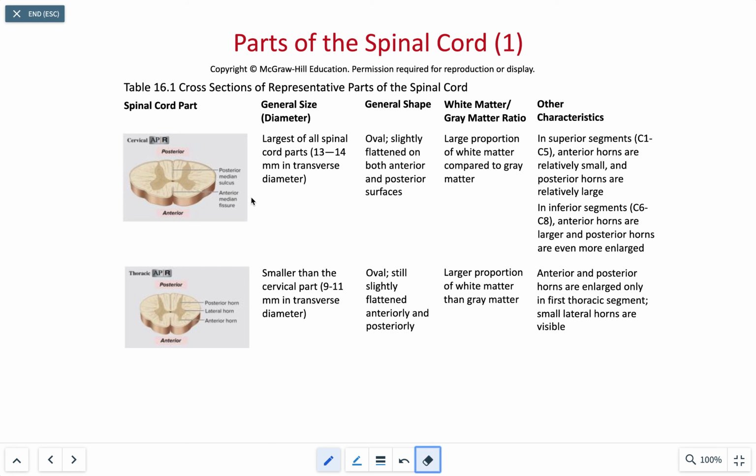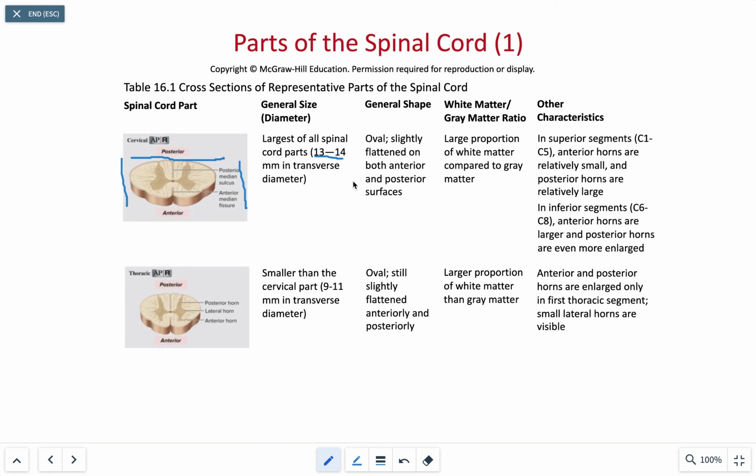The largest part of the spinal cord is essentially, when we're looking at the transverse diameter, the division between the left and the right side. So we're measuring here, and usually in the cervical plexus, which is the largest, it hovers around 13 to 14 millimeters.